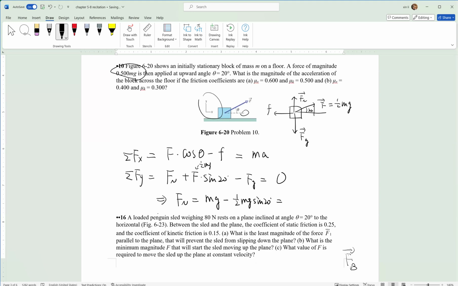Here, half sine 20 is like 0.342, and then you are going to get mg times 1 minus 0.5 times 0.342. This is sine 20, okay? And then you are going to get 0.83 mg. Very good.